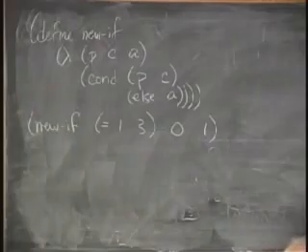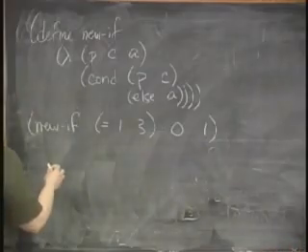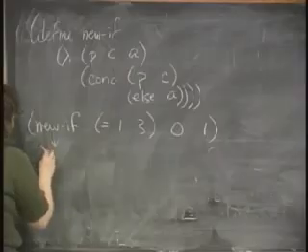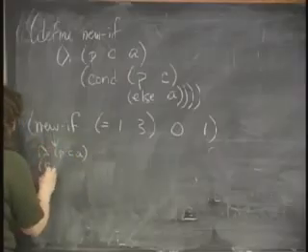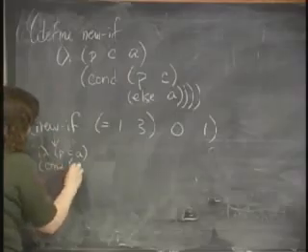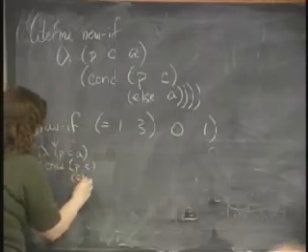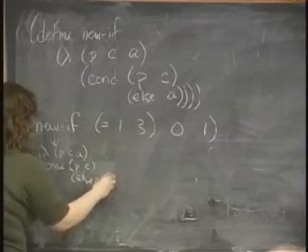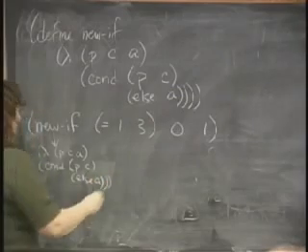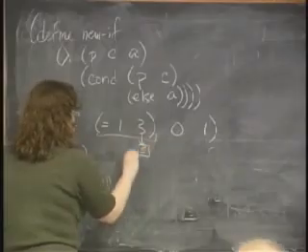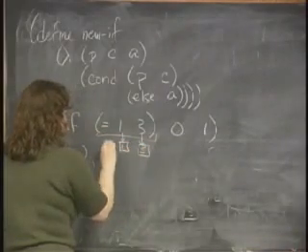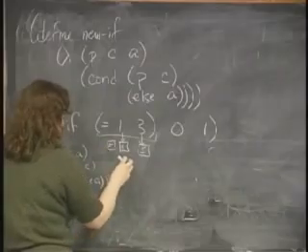Okay, what happens? Let's follow the substitution model. Predicate, consequent, else, alternative. Okay, evaluate this. 3, 1, and equals, which gives us false.